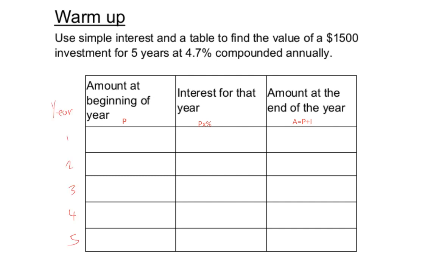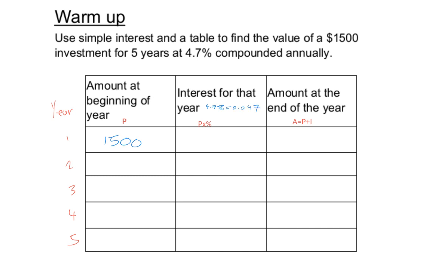All right. Some of you asked me to explain how I came to my solution. So here we go. So remember that we start with $1,500 in our investment, right? Remember, it's 4.7%, which is 0.047.